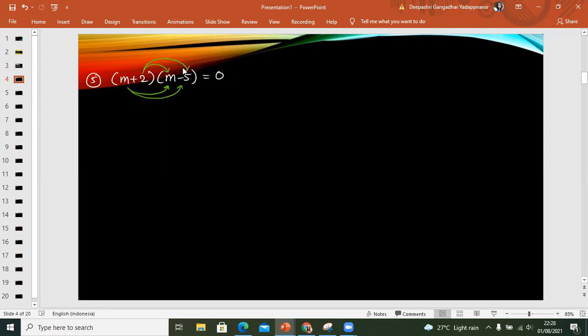Let's begin. m multiplied by m gives you m square. m multiplied by negative 5 gives you negative 5m. Plus 2 multiplied by positive m gives you plus 2m, and then positive times negative gives negative, 2 times 5 gives you 10, equals 0. So m square minus 5m plus 2m gives you negative 3m, minus 10 equals 0. So this is a form of a quadratic equation.